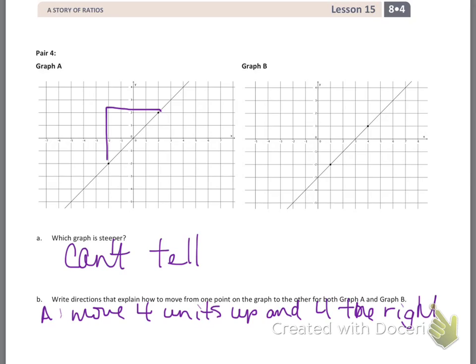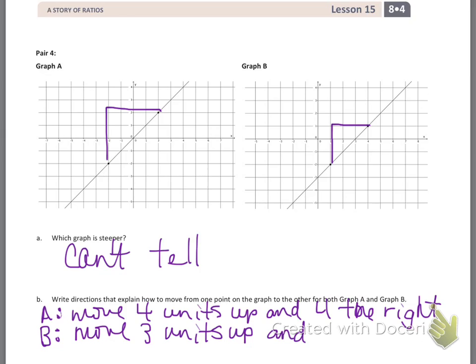I really should have been saying right and left on these examples. So for graph B, I'm going to need to go from this point 3 up and 3 to the right. So move 3 units up and 3 to the right. Correct that there. 4 units up and 4 to the right, or 3 units up and 3 to the right.